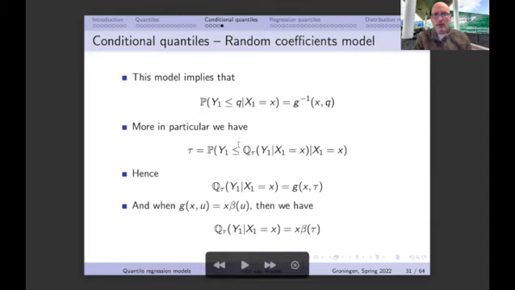Well, now what we can do is look at the definition of a conditional quantile. We already know that the conditional quantile is always the number that makes this probability that we have here at the right hand side equal to tau. But now we should realize that what we have here at the right hand side is exactly the same as what we have here at the left hand side, with the only difference that here we have a general q, and here we have the conditional quantile over here.